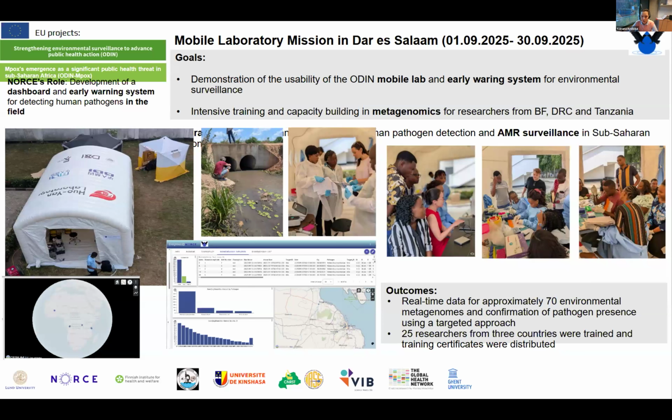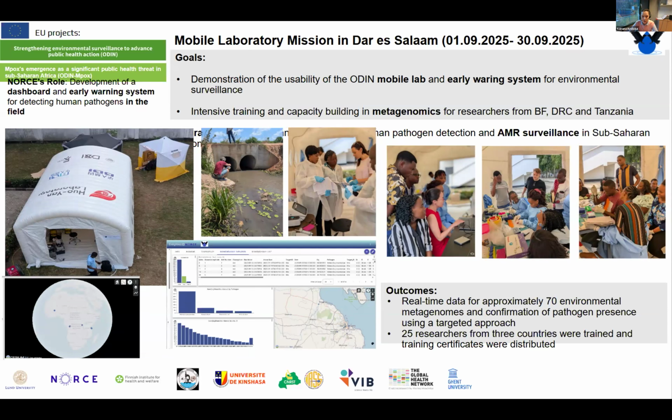The crucial support that we received in Tanzania from the person responsible for mobile lab infrastructure at the National Public Health Lab in Dar es Salaam exemplifies the need for this kind of good communication.